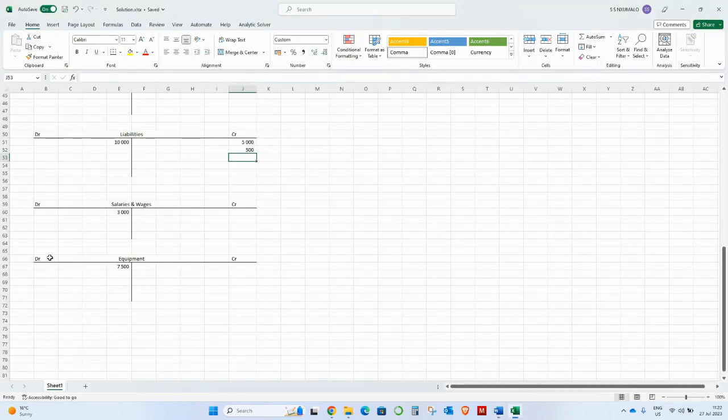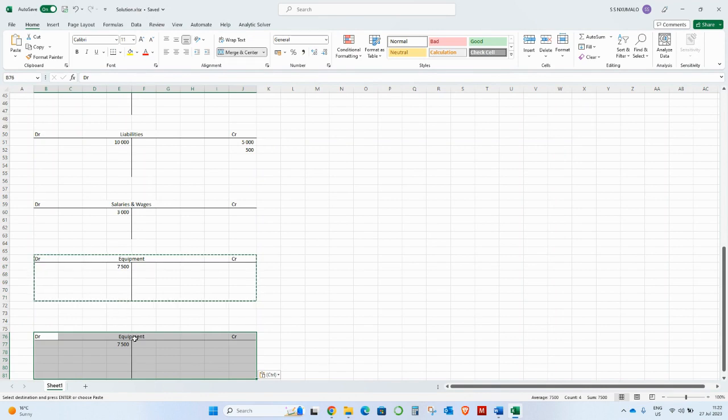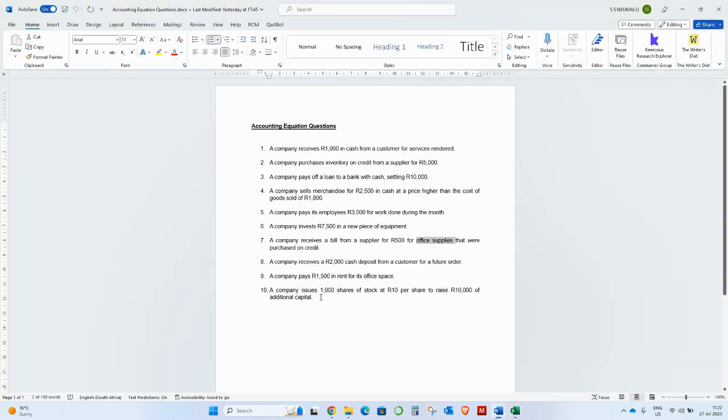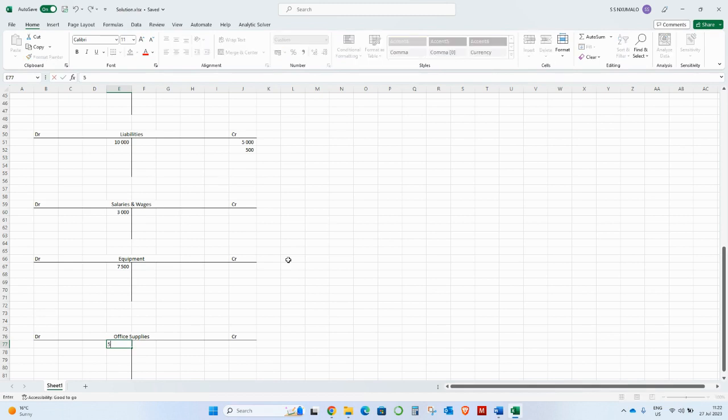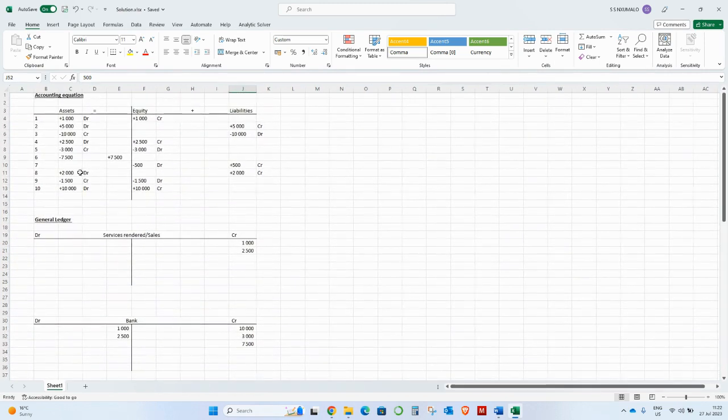So you can have an account for office supplies. This is an expense account, and expense accounts increase on the debit side. So you just put it on the debit side. Make sure that your liabilities are also increased. There it is. Then we're done. We're moving on to the next one.